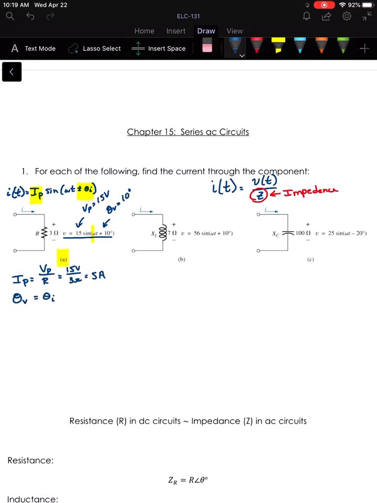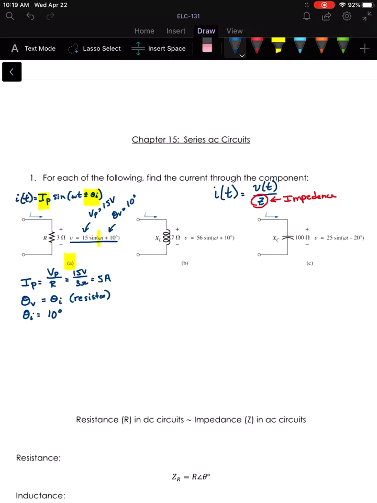Now for theta, for a resistor, theta V equals theta I. We learned that for a resistive load, the voltage drop across it and the current through it are in phase with each other. So they're going to have exactly the same phase difference. That means the phase shift for the current is also going to be that 10-degree shift.